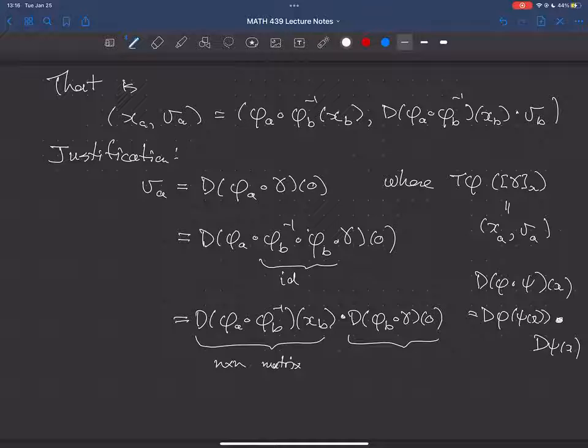Okay, so where's it a map to and from? Gamma is a mapping from R, okay, R1, into M, and then phi b is a mapping from M into Rn. So this thing is the derivative of a mapping from R1 into Rn, okay? So how many rows and columns does this matrix have?